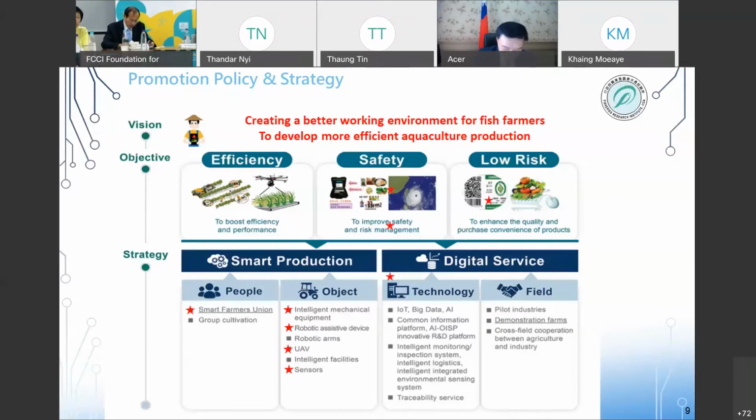And the actions of digital services can include the Internet of Things, that's the IoT, the big data, the AI technology, and the traceability service.